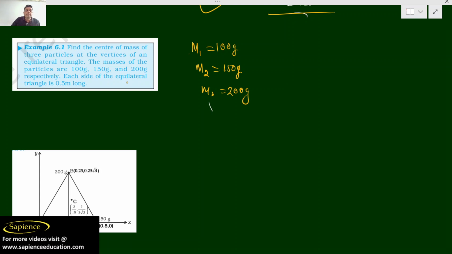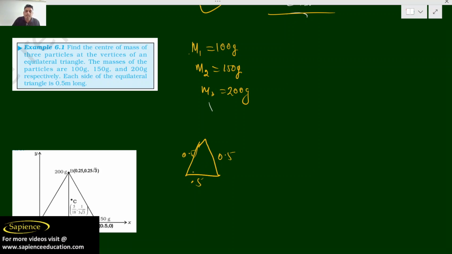Each side of the equilateral triangle is 0.5 meter. So as per the question, the side of the equilateral triangle is how much? It is 0.5.